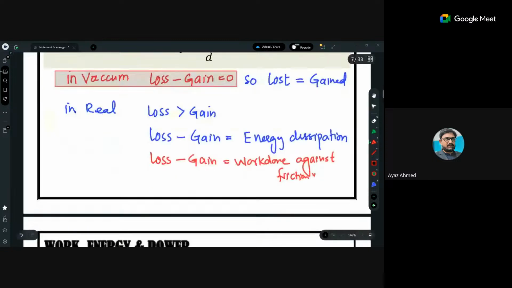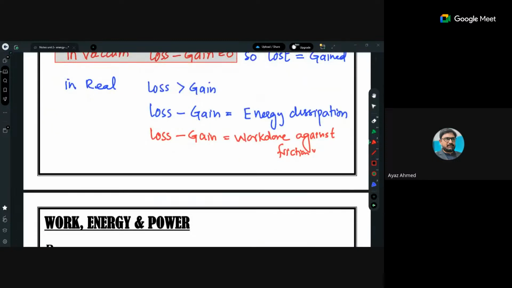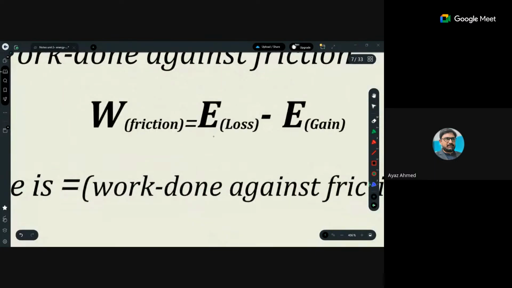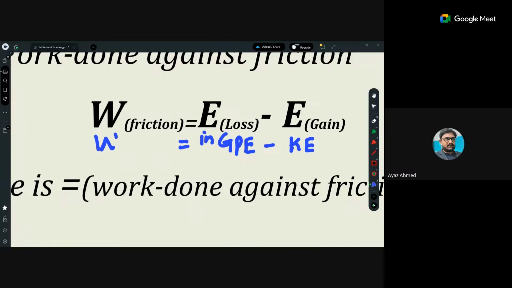For example, if your potential energy is being lost and kinetic is gained, you will write it this way: loss in GPE minus gain in KE is equal to work done against friction.